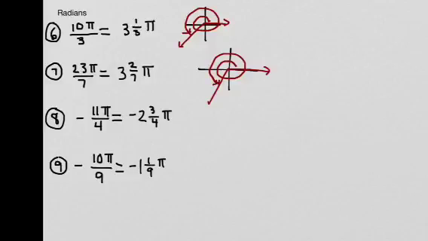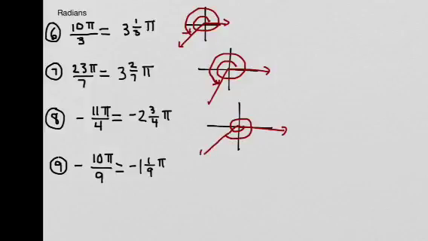Okay. For number 8, we have a negative angle. So that means we're going to go clockwise. And it's negative 2 3/4 pi. So again, start off with your initial side of 0. Then we go negative pi, negative 2 pi, and 3/4 pi would be right here.